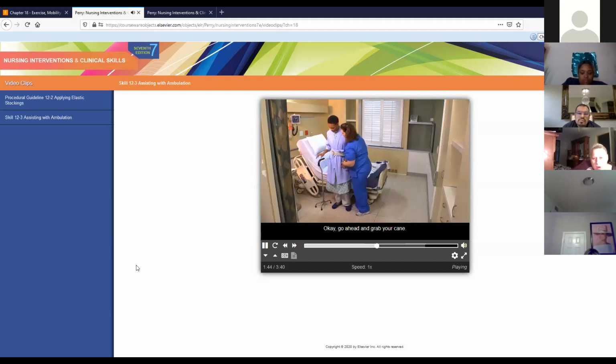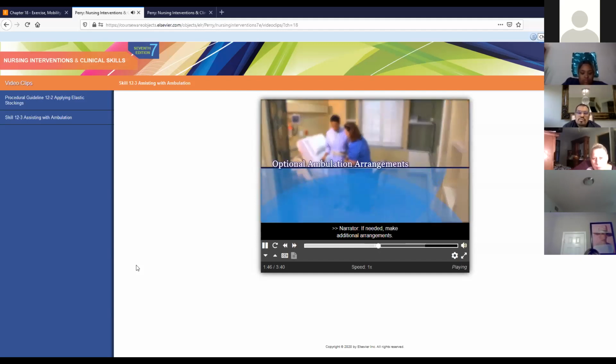Okay, go ahead and grab your cane. If needed, make additional arrangements. For instance, for a patient with a continuous IV infusion, obtain a portable IV pole for ambulation. If the patient has a urinary drainage bag, be sure it is carried below the level of the bladder and that there is no tension on the tubing.